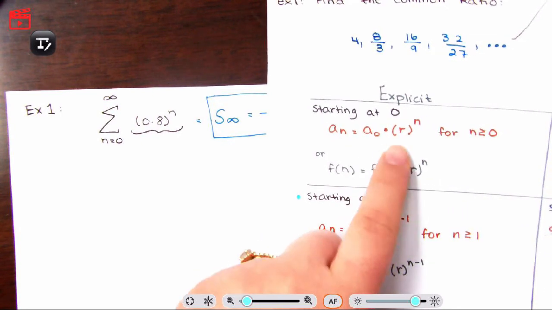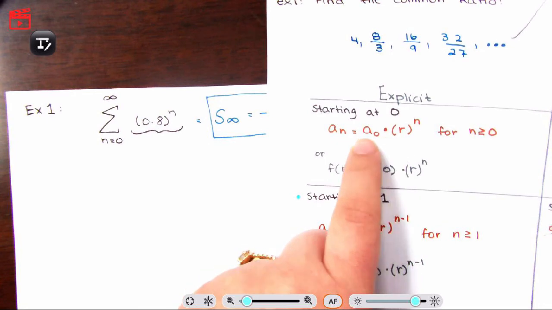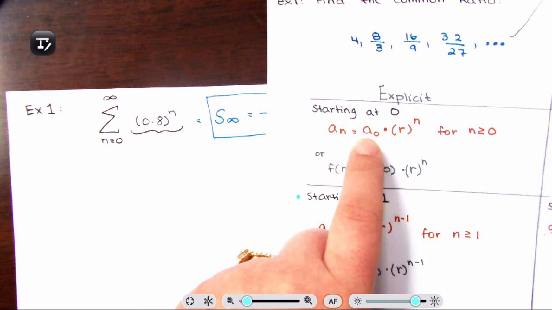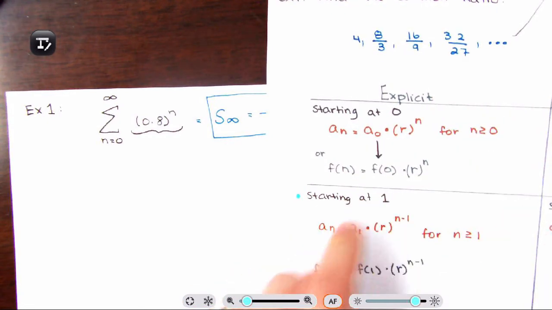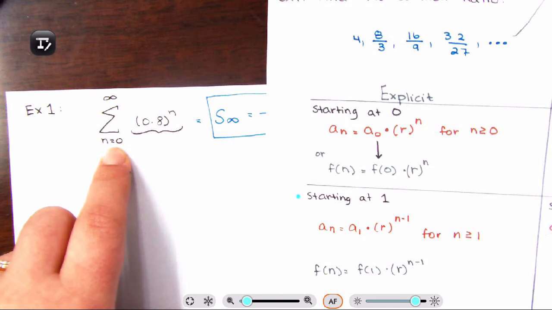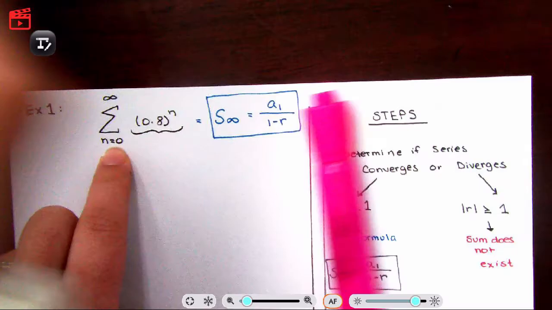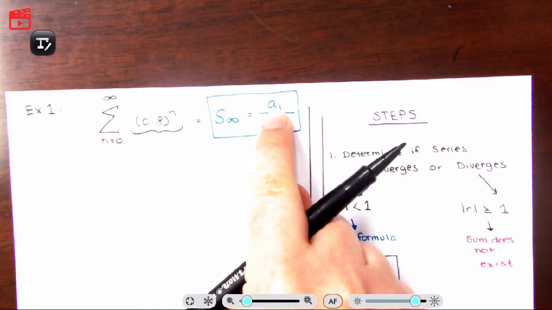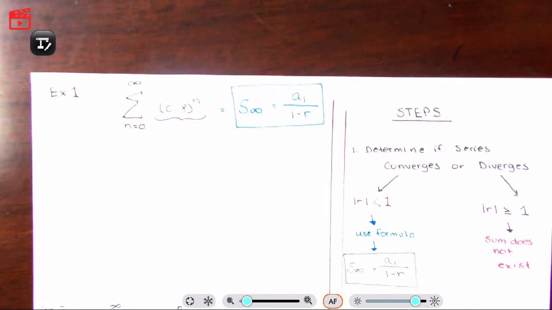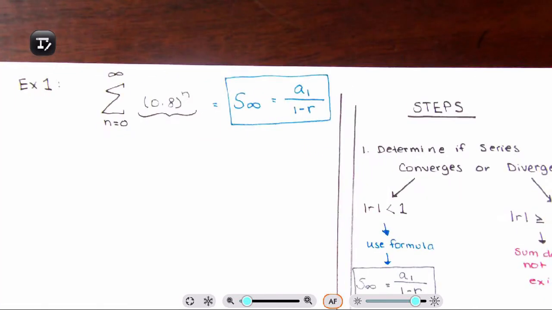So that means whatever is in front of my r to the n power is my initial term, or a sub 0. Excuse me, I think I said a sub 1 there subconsciously. So this a sub 1 here is your first term.